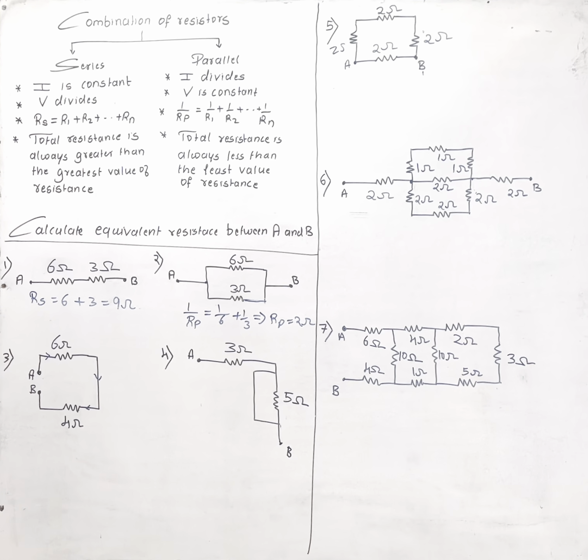Okay, now see this combination. Here the 6 and 4 ohm are appearing parallel. It is as if they are parallel, but actually, I am asking for the resistance between A and B. So I'll start from A. Suppose X amount of current is going in 6, the same current will come in 4 also.